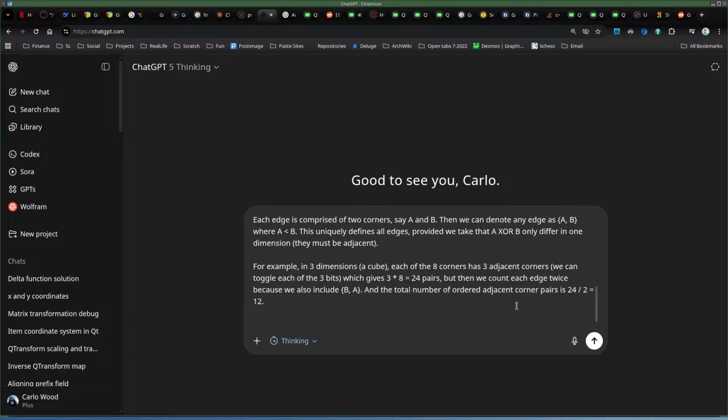Okay. So I also want the direction of the normal of our hyperplane to play a role.